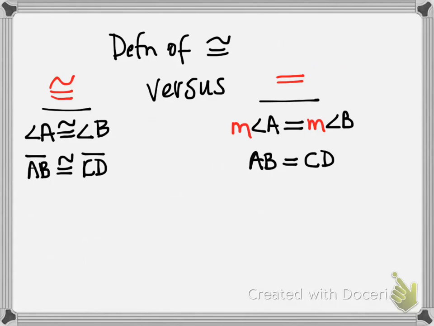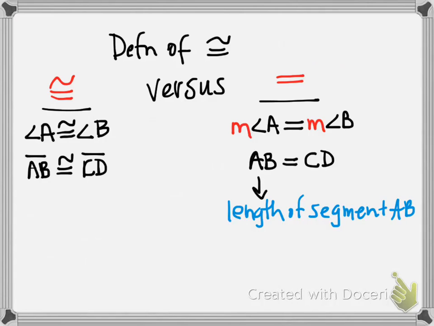And again, there's only one thing in all of math that's written with two letters that doesn't have a symbol over it. The only thing you can interpret it as is the length of a segment. And in this particular case, AB. Okay? So I hope that helps, and come back and watch the next video.